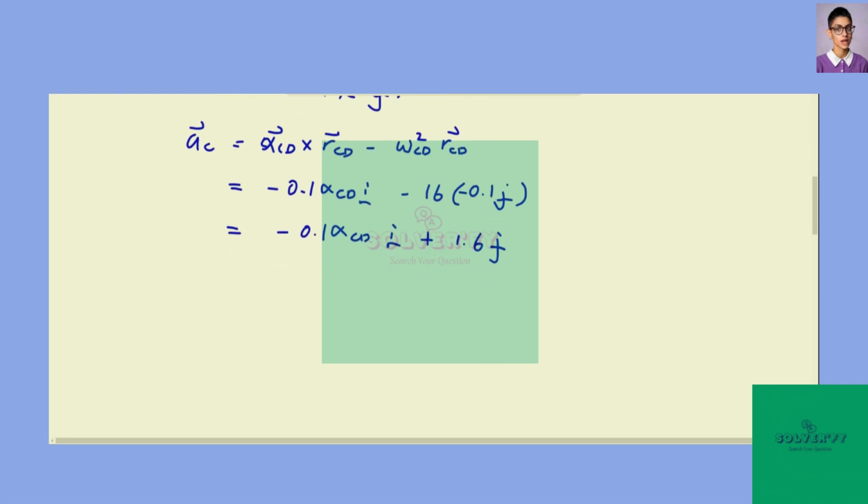The acceleration of C can also be obtained using the relative acceleration equation. We know that omega BC is 0, so the last term is gone.